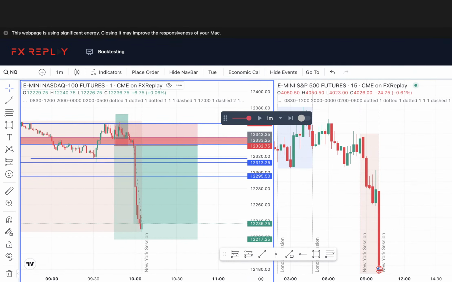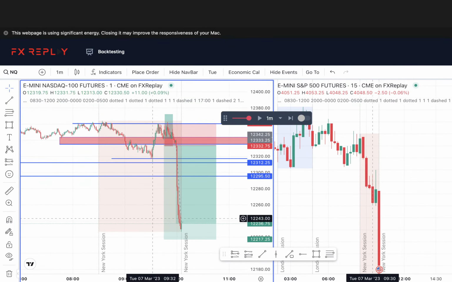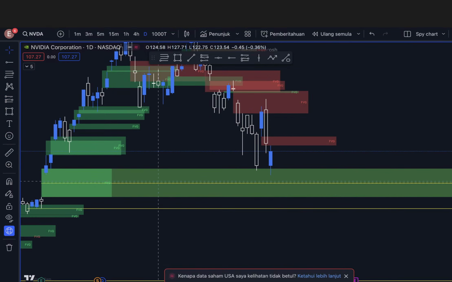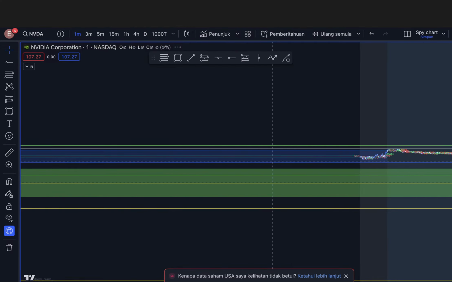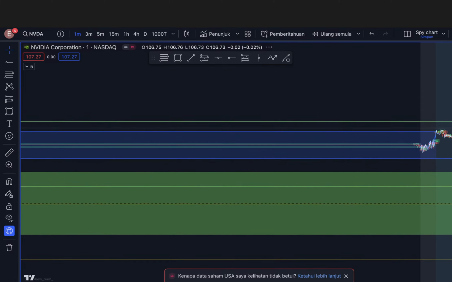But if you're an ICT trader, half of those indicators are not in here. This is a sessions indicator, and I just put the ICT times in it. But when I trade, I use this fair value gap indicator, and I use ICT sessions for liquidity points to show me.